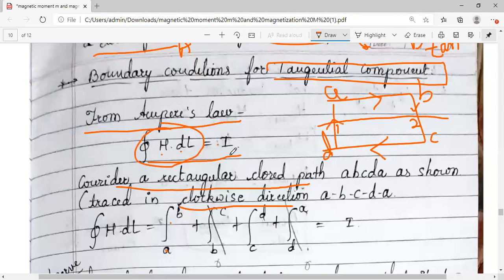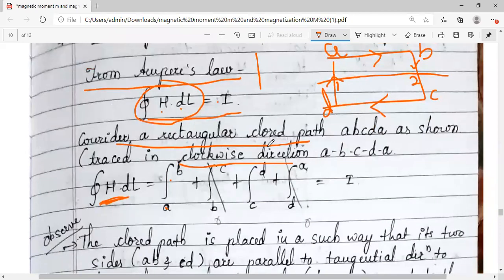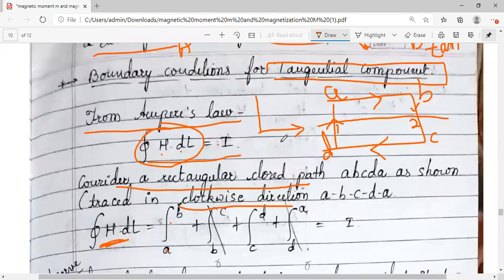If I want to find the closed integral of this, I have to take 4 different line integrals, A to B, B to C, C to D, and D to A. Out of which, I'm talking about H now, right? For H, this is your horizontal component, H tangential.